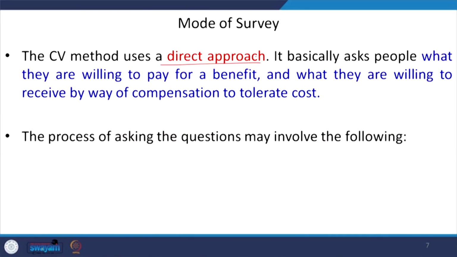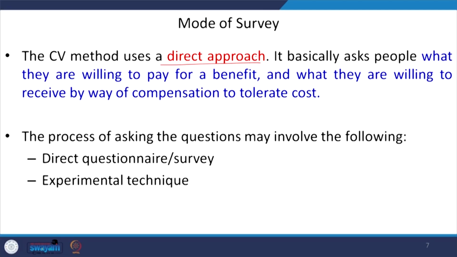In this context, we need to ask them whether they are willing to pay for getting a benefit, or what is their willingness to accept in order to tolerate the cost. So, what is the mode of asking questions to these individuals? The first mode could be a direct questionnaire or direct survey. The second one could be experimental techniques.